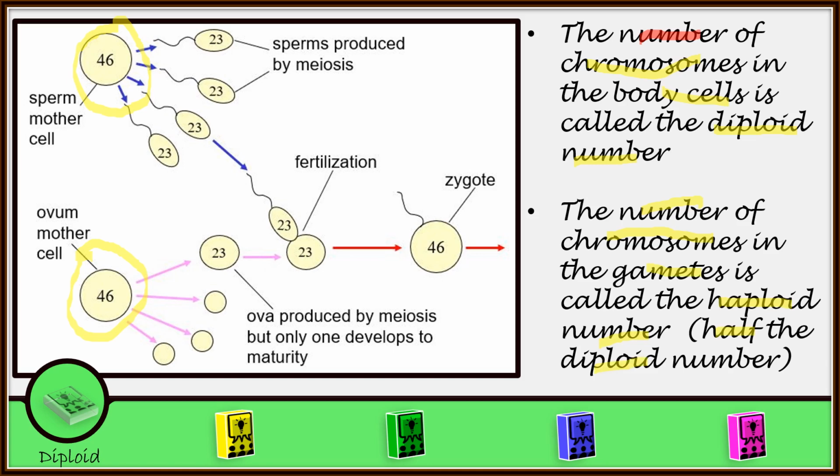So when we form the gametes here, you will see that they are having half the number of the parent cell. So for these ones, we are going to call them haploid. Haploid means they have half the parent number of chromosomes.